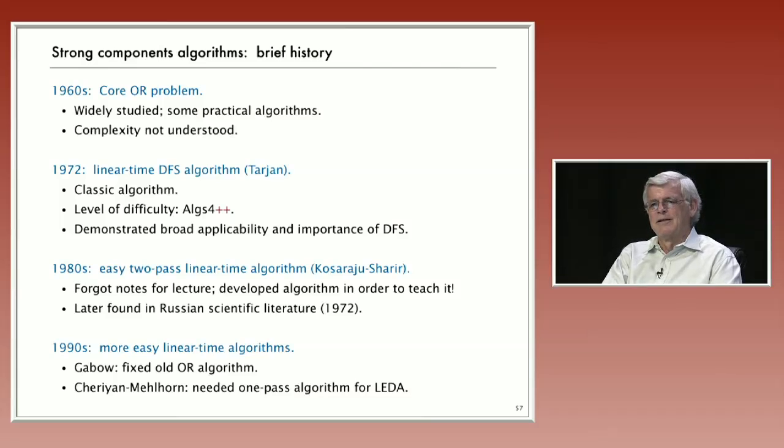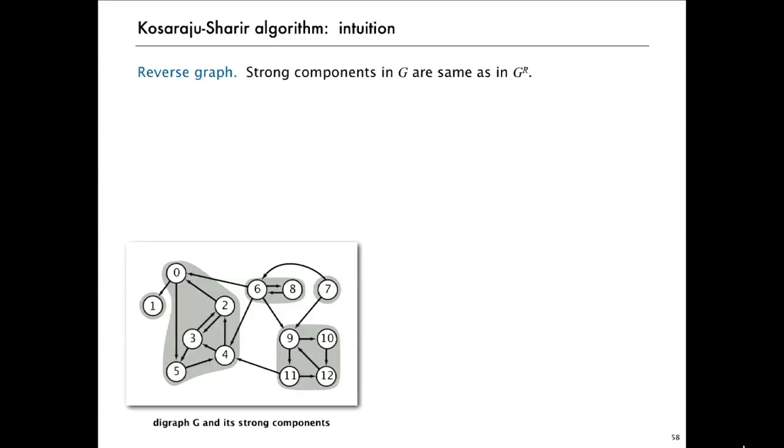And actually, in the 1990s, Gabow and Mehlhorn, particularly Mehlhorn, had to implement this algorithm for a big software package, and he found another simple linear time algorithm. So this story indicates that even for fundamental problems in graph processing, there are algorithms out there still waiting to be discovered. And this algorithm is a good example of that. I'll give the intuition in the code, and you'll see how the algorithm works.